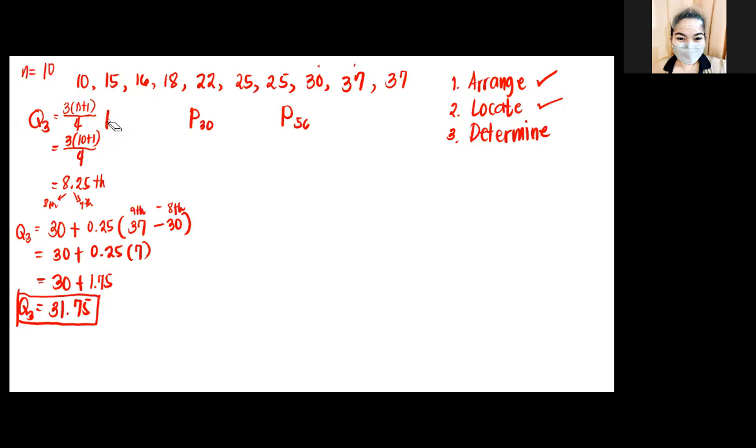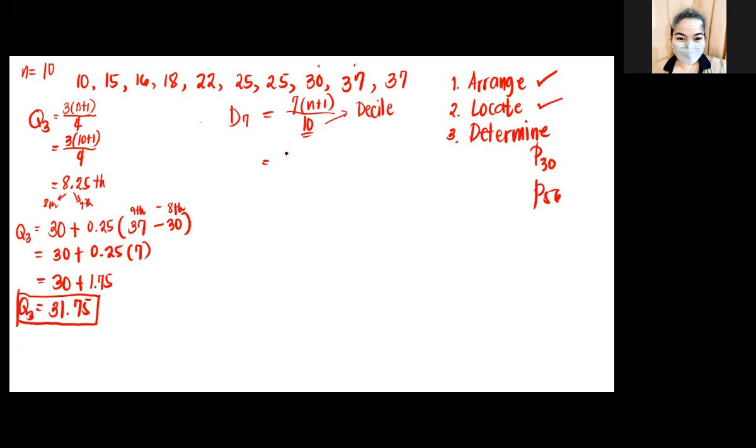How about if we're going to look for D sub 7? Let me write P sub 30 and P sub 56 here. So for decile, D sub 7, our formula, since this is ungrouped, is we multiply 7 by n plus 1 and then divide it by 10 parts, because decile is divided into 10 parts.